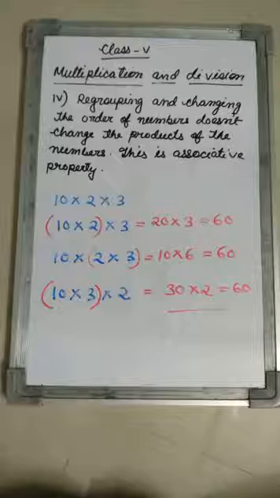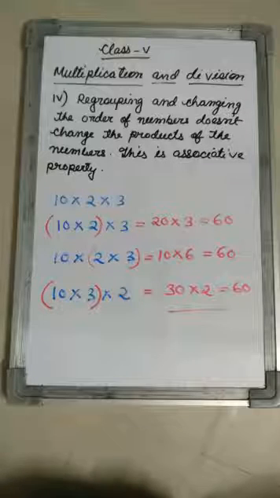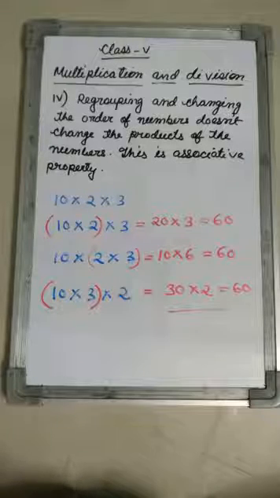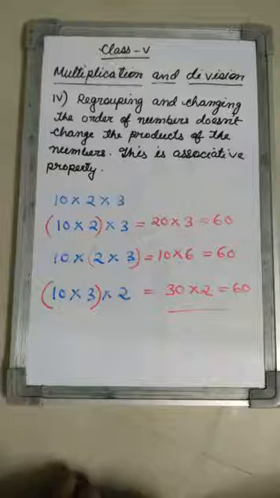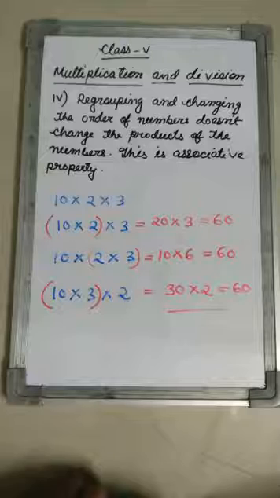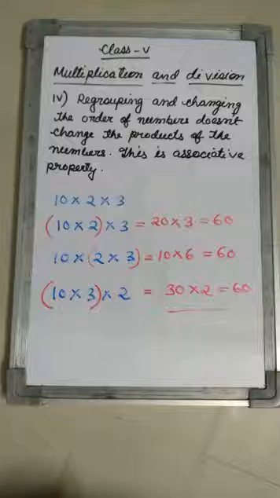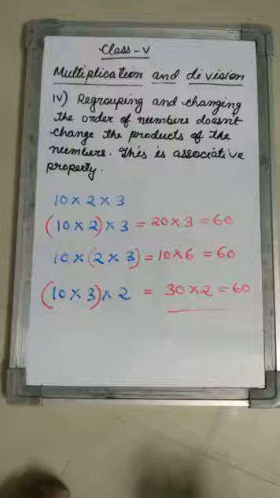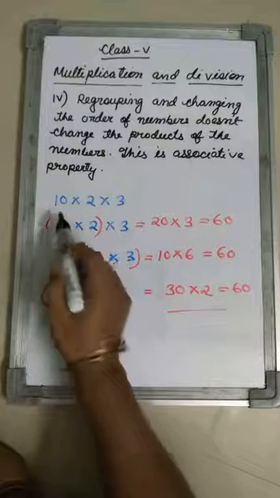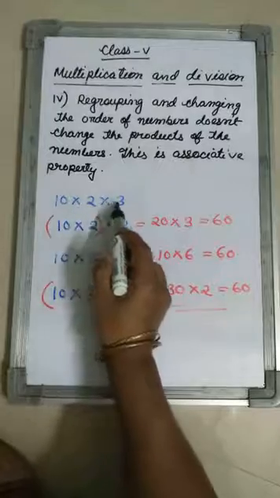So the fourth property is regrouping and changing the order of numbers doesn't change the product of the numbers. This is associative property. Associative property holds good for multiplication and addition in the same way. So here I have taken a group of numbers, 10 into 2 into 3.